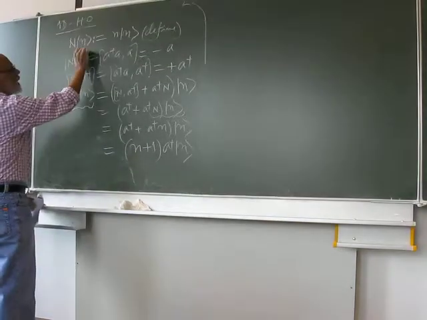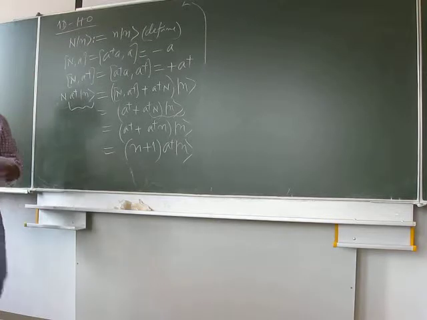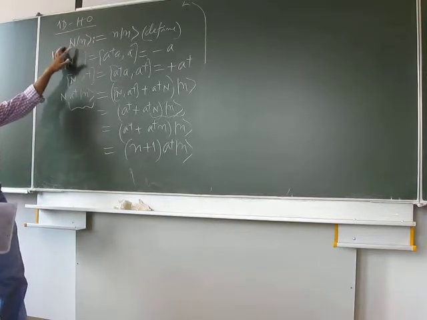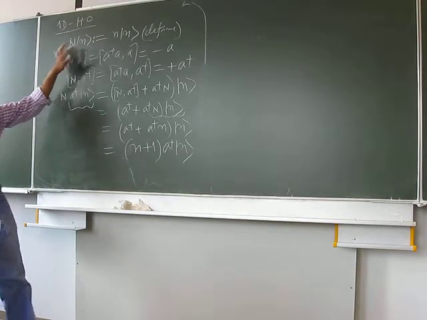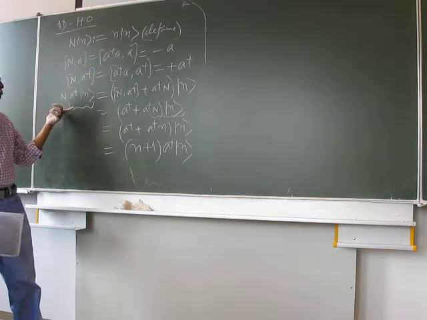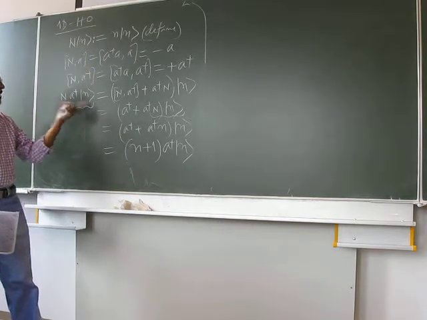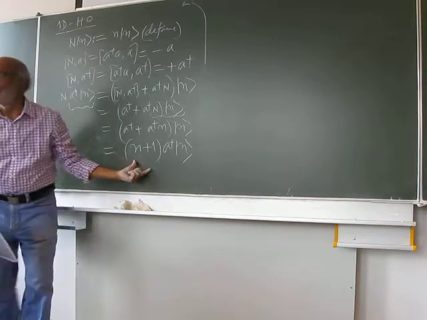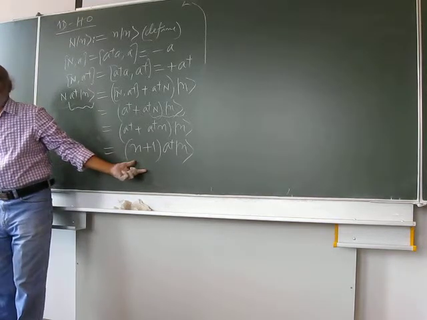So that is why I said that if I define this state n to be an eigenstate of the operator N with eigenvalue little n, then automatically I obtain that A dagger n is an eigenstate of N with the eigenvalue increased by 1.